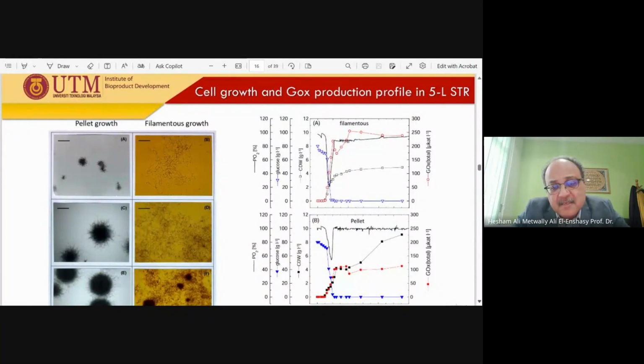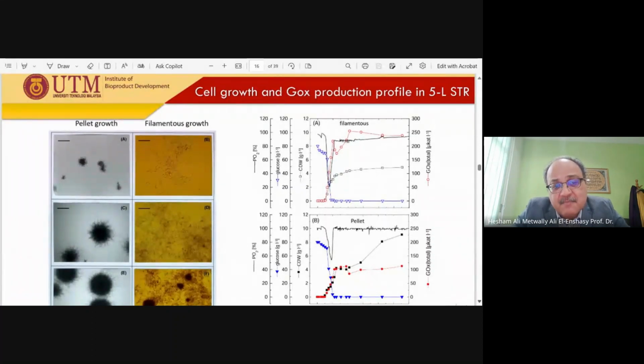But in this case, we have 2 processes. One, from the cell bank glycerol culture, I just make one plate straightforwardly using CM medium and inoculate the bioreactor. The other cultivation is where we subculture. It means the spores become more hydrophobic.